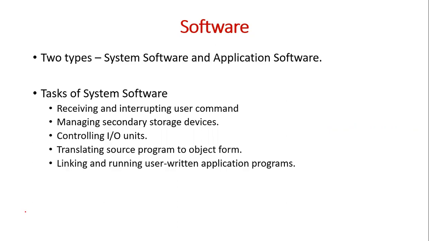If you are using a calculator, that is an application. If you are using MS Paint, that is an application. So all these are examples of application software. Application software comes at the top layer, on top of the operating system.